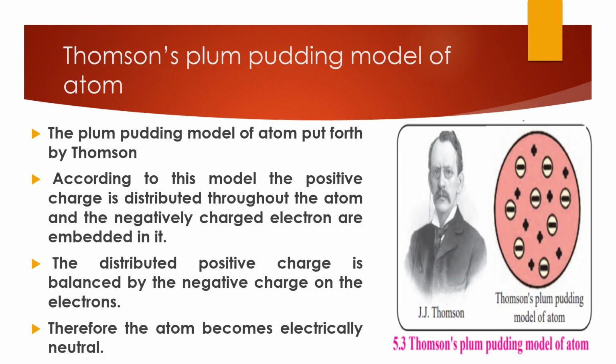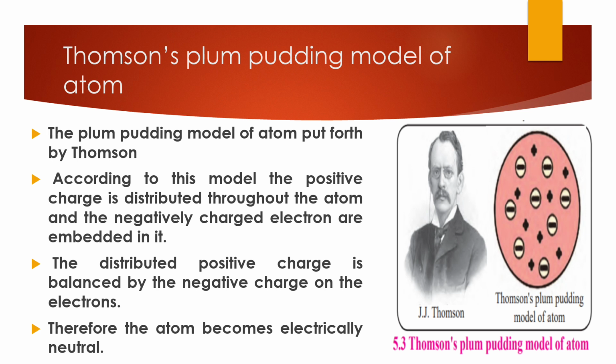Next, the atom was studied by the next scientist, Thomson. His model is called Thomson's plum pudding model of an atom. According to this model put forth by J. J. Thomson, the positive charge is distributed throughout the atom and the negatively charged electrons are embedded in it.